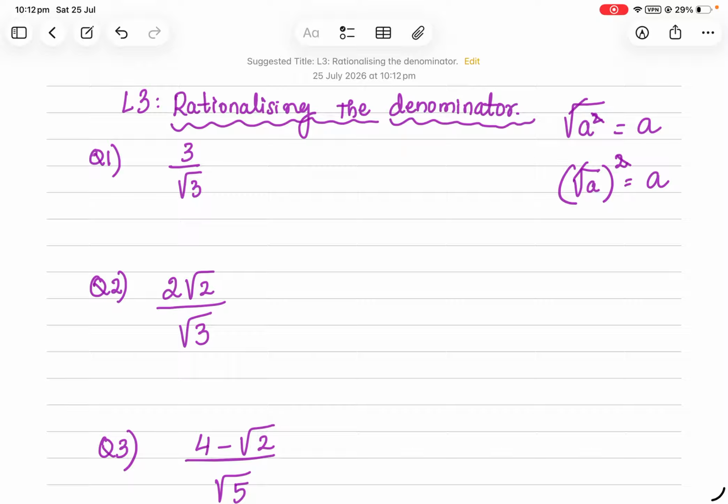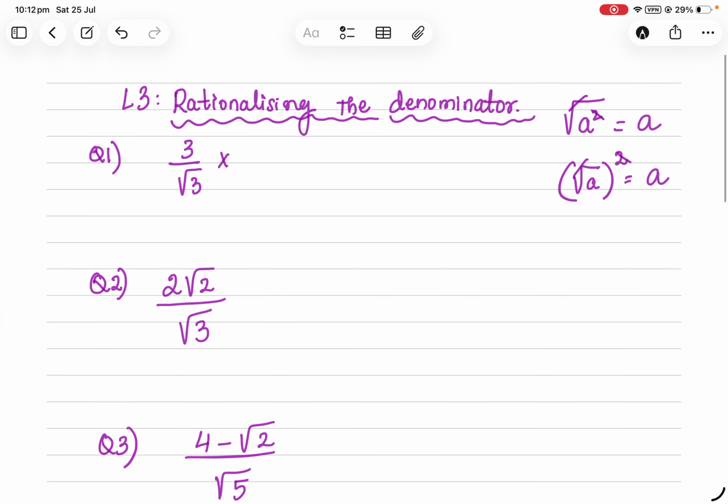Now what I see here in the denominator is a square root of 3. So in order to get rid of the square root, I'm going to multiply by square root of 3. But remember, in our algebra solving, we cannot just randomly bring in something that we like. It still has to make sense to the original question.